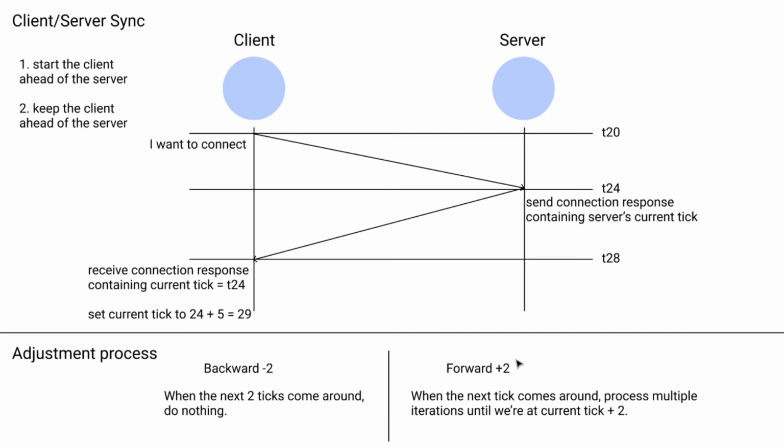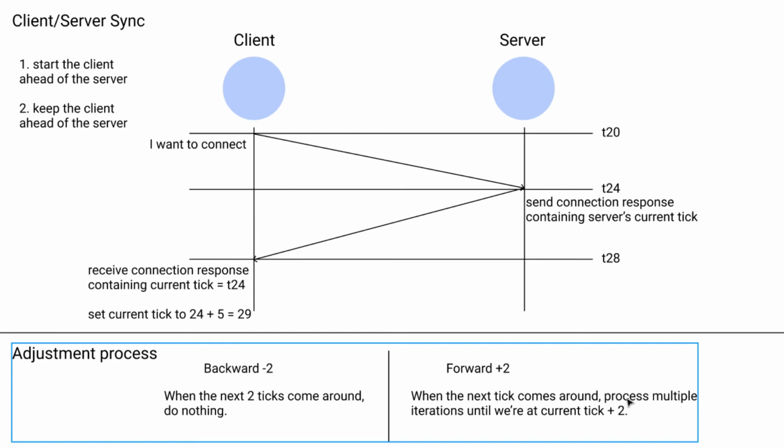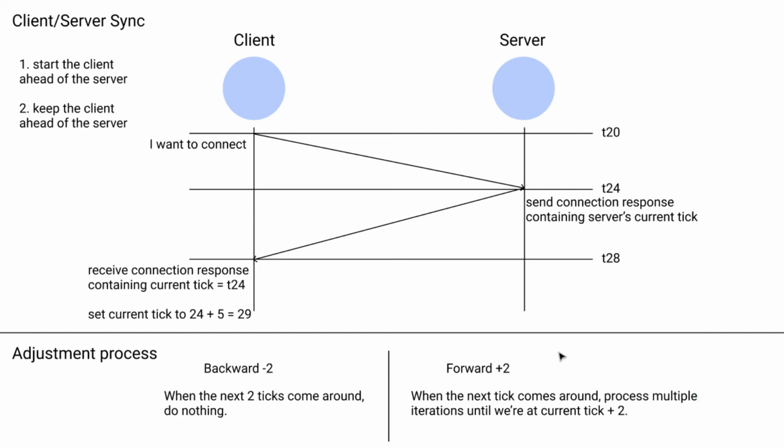So when we tell the client to move forward by, let's say, 2 ticks, we go through this process. When the client's next tick comes around, it needs to process multiple iterations until it is at the current tick plus 2. And that's if we're trying to move forward by 2 ticks.